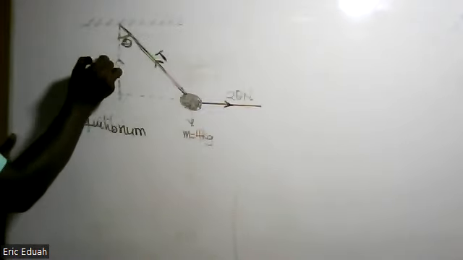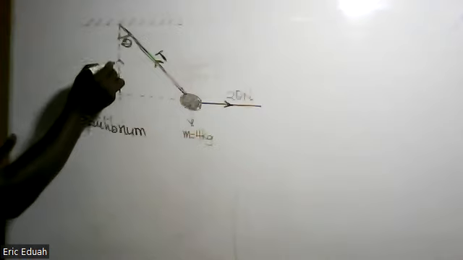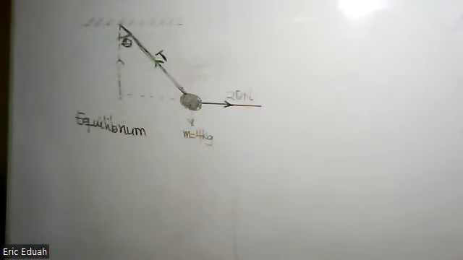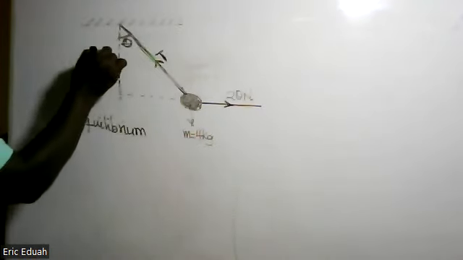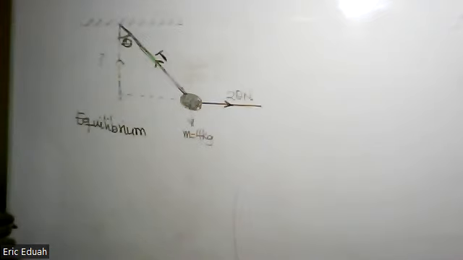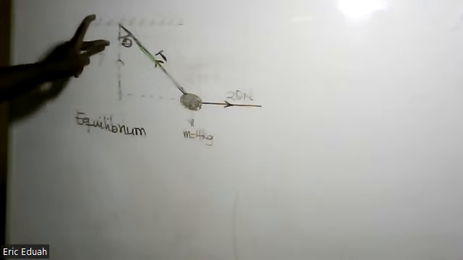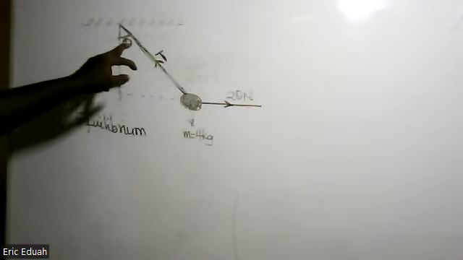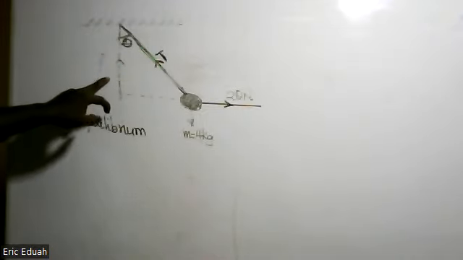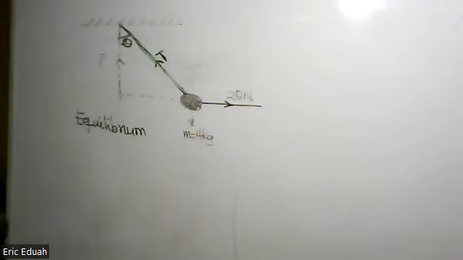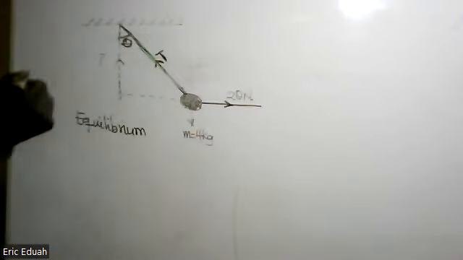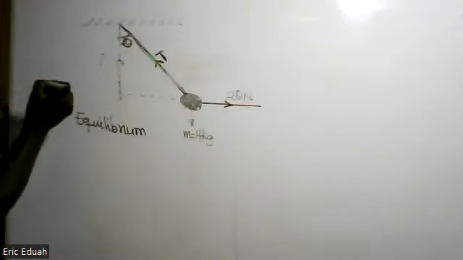Certainly, will this side become the horizontal or the adjacent? When we resolve with the angle and then the tension, will this side become the horizontal or the adjacent? Adjacent. Good, because this side is adjacent to the angle.